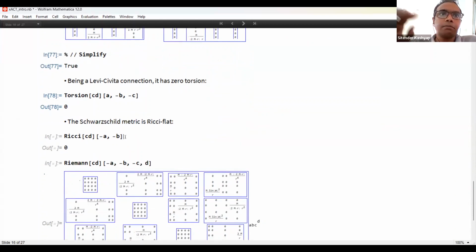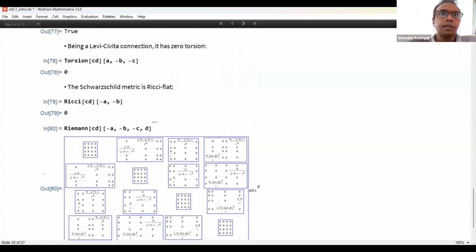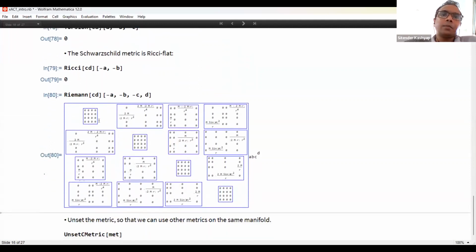Further, the Ricci tensor of the Schwarzschild metric is 0. And once again, we can calculate the Riemann tensor. It's a very nice arrangement, but I think there's not much time to explain this. So these are the Riemann tensor components.